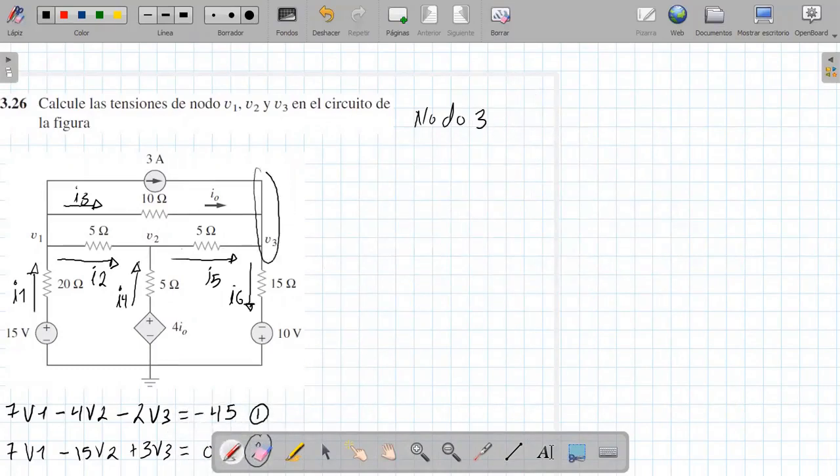Now for the node V3, all this. We are going to look at the currents that enter and the currents that leave this node. Well, the 3 amperes enter first, that is, all of this here. The 3 amperes enter, the current enters and the current exits, and 6 here.